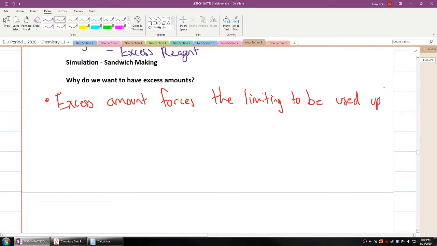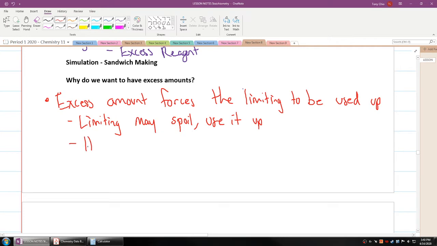Now, why is that the case? Why do you want excess amount? Well, sometimes the limiting reagent may spoil. And because it may spoil, you want to use it up. So if it could go bad, you want to be able to use it up, so you add a lot more excess to get rid of it.